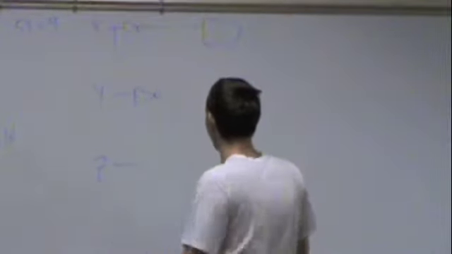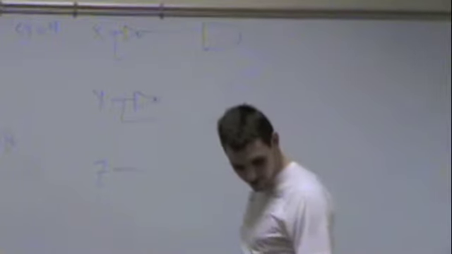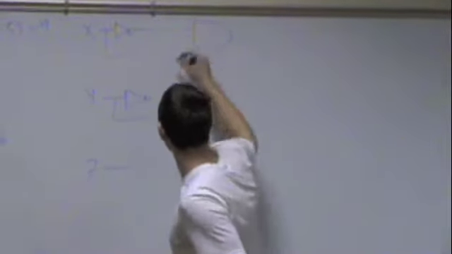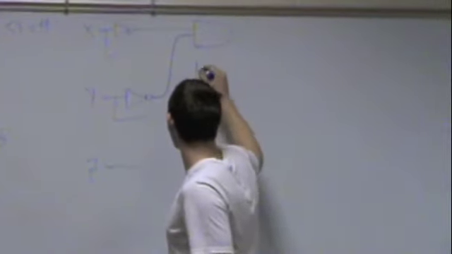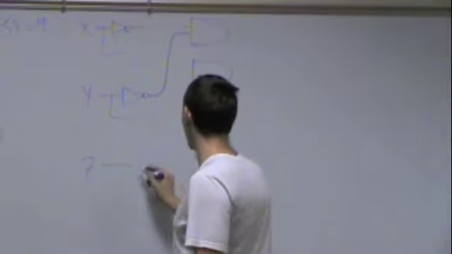All right. Z doesn't get an OR gate. So X comes in here, this comes this way. Then we have another one, and another one, and another one.